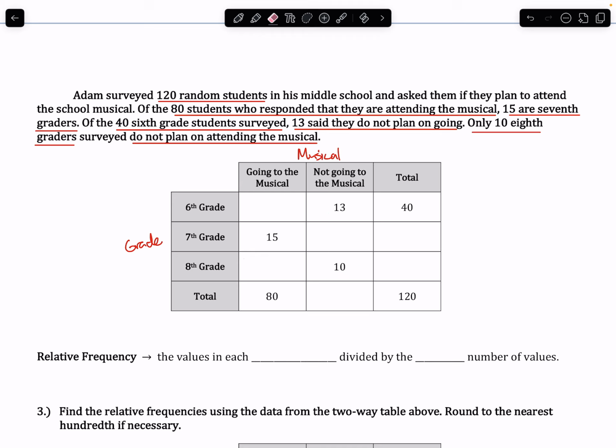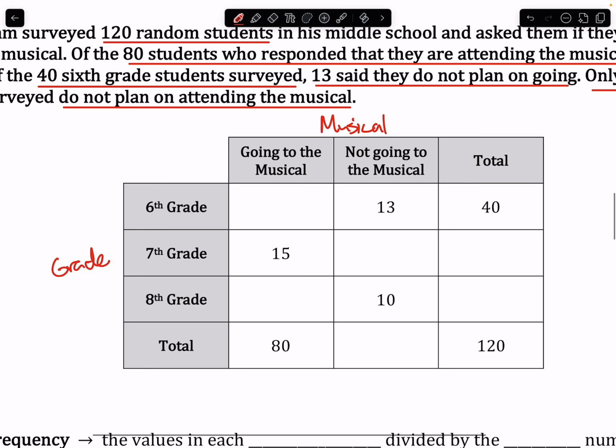So if we fill this out, we can kind of backwards map through some of this. It gives us just enough information. The first one I would look at is, how many 6th graders are going to the musical? In this case, we know there's a total of 40 6th graders.